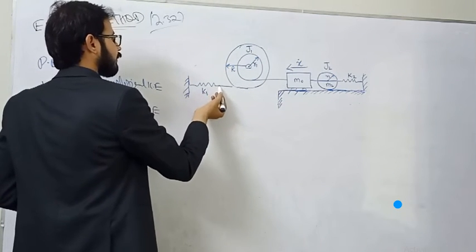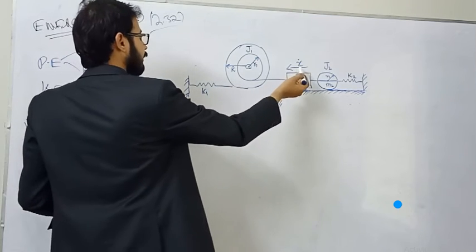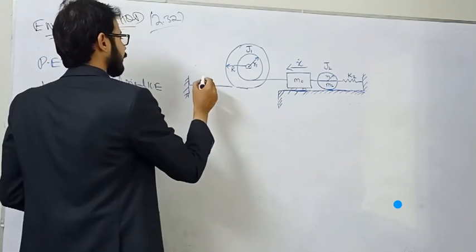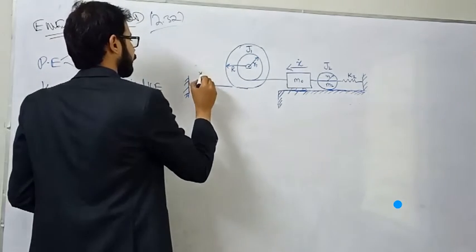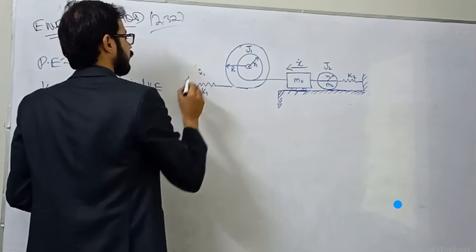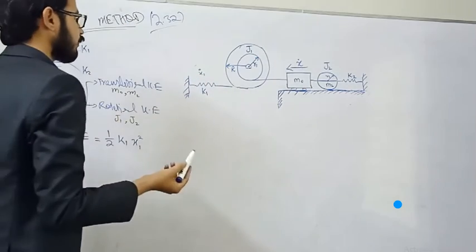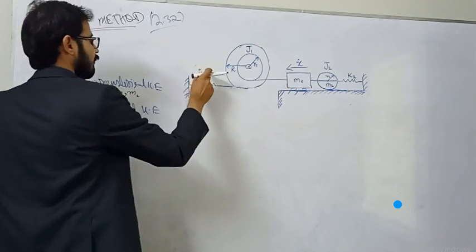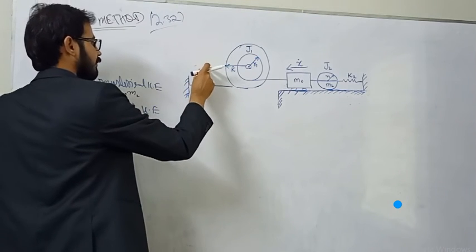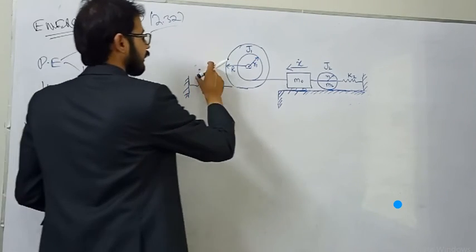So it will be converted form. For example, here it is x naught, and suppose here it is x1 naught. We have supposed a value because we do not know the actual value, but the value of the velocity at this point will be different than at this point.